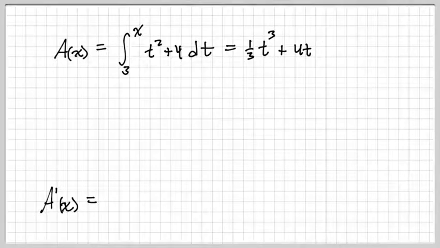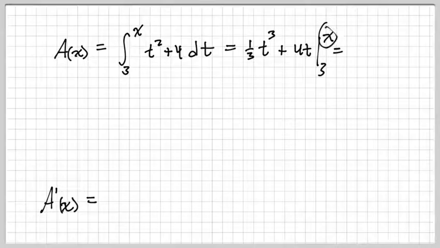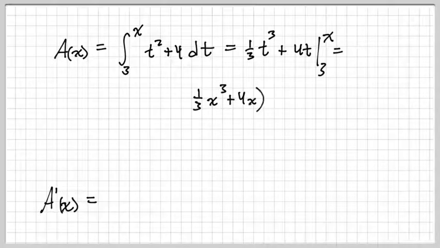Now I'm not going to put plus C right here because we have a definite integral, which means we need to put a straight line here. This is just notation. You don't have to write it this way. Other countries write it differently. And then I plug in the upper bound first and then the lower bound. So then I get 1/3 x to the third plus 4 times x. That's the upper bound.